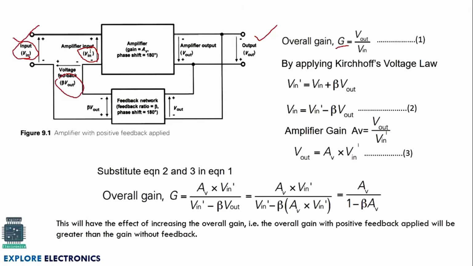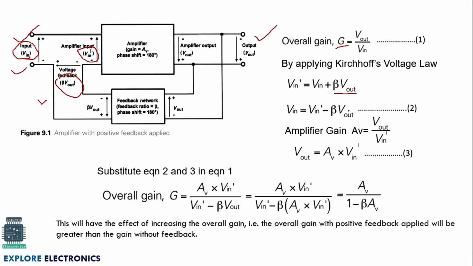So V in dash is equal to V in plus beta into V out. Why are we adding these two? Since it is a positive feedback, the input signal as well as the feedback signal are added up here. That's why V in dash is V in plus beta into V out. This is the feedback signal. If we rearrange this expression, V in is equal to V in dash minus beta times V out.